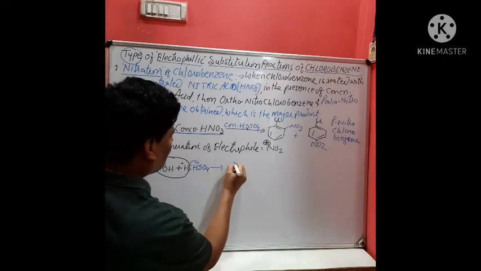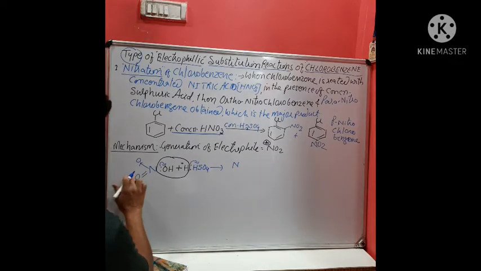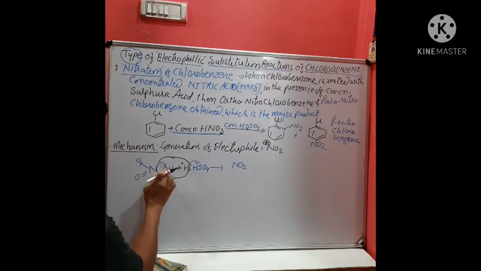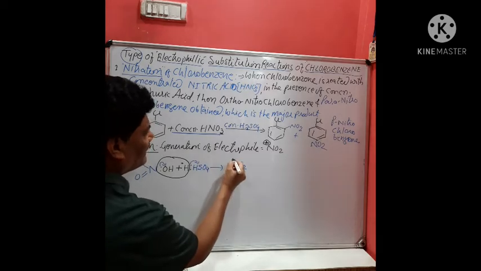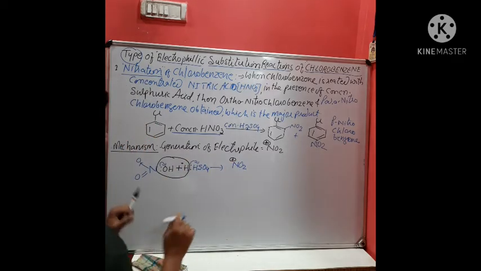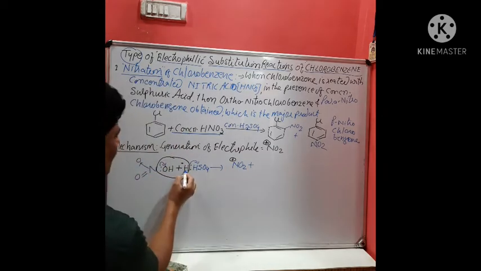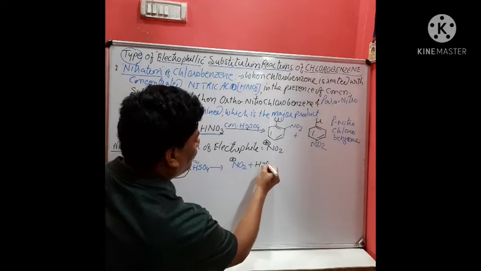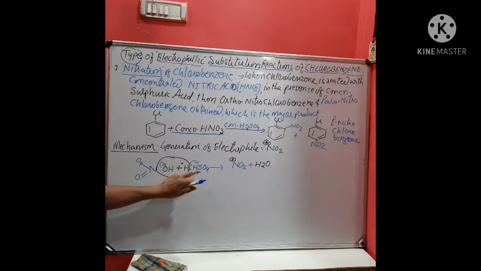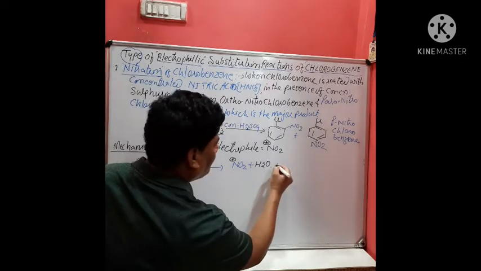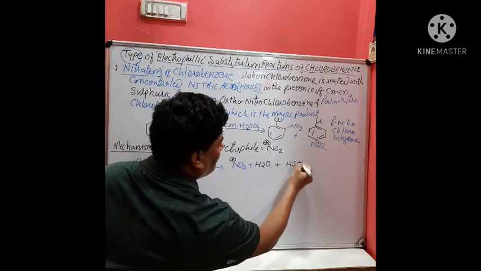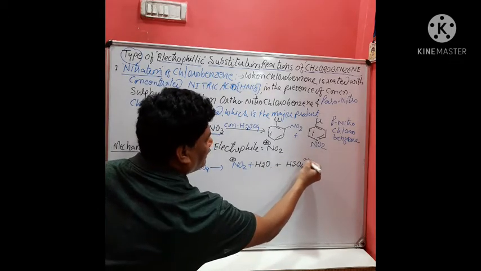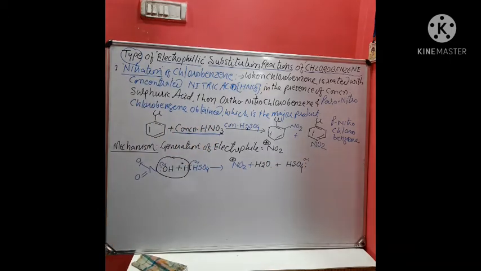It will generate NO2, but being the electron pair given to O, the N will acquire a positive charge, and H and OH will form H2O. And there will be HSO4 anion, because now the electron is taken by S, therefore HSO4 anion with a lone pair and negative charge.